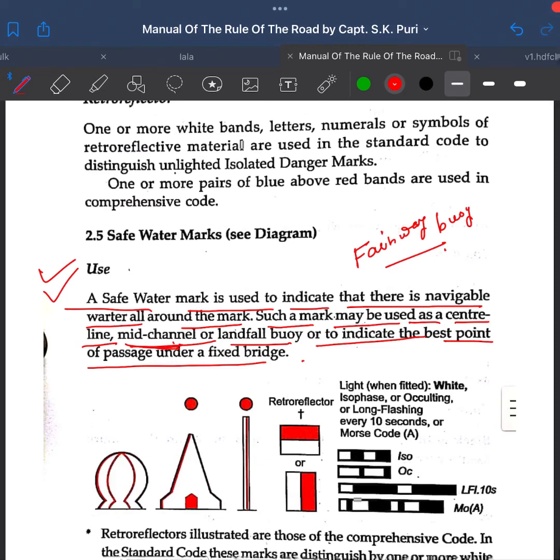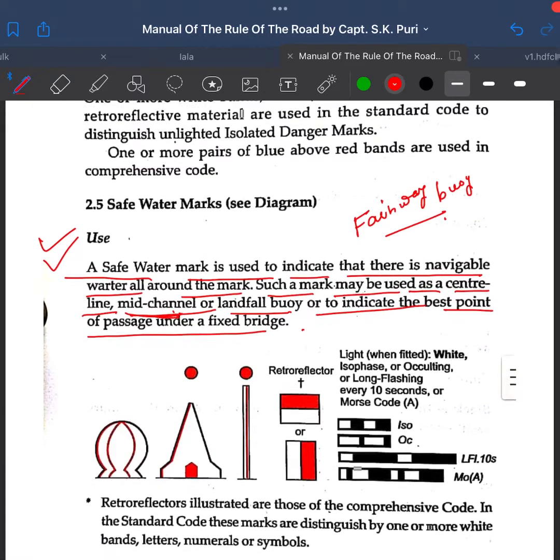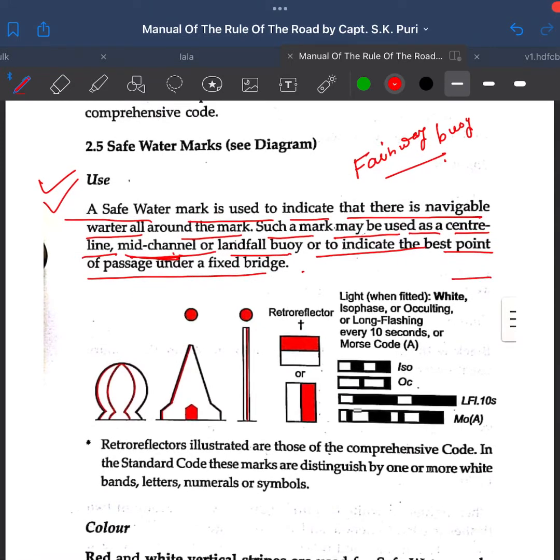Now we'll talk about the light first, then we'll come to the shape and all. The light is isophase, occulting, long flashing, or Morse code A, and this light will be for every 10 seconds. Again, isophase or occulting or long flashing, any one of these. What is isophase?